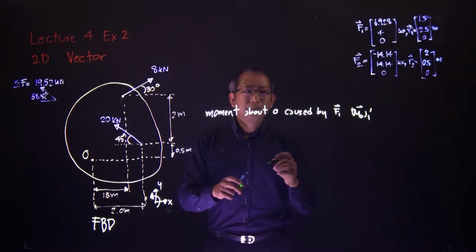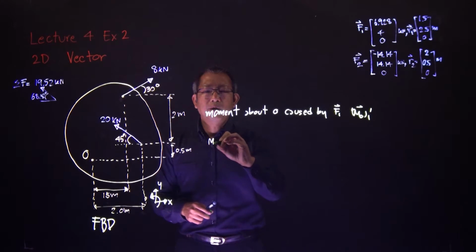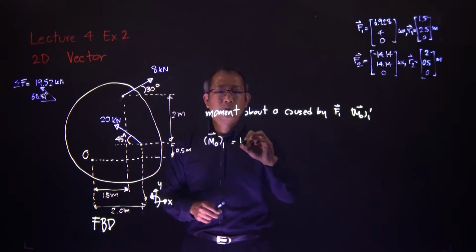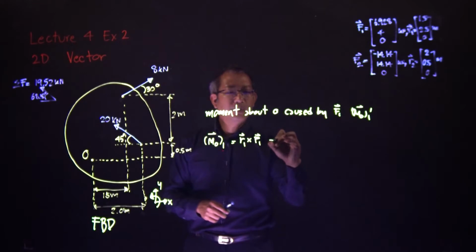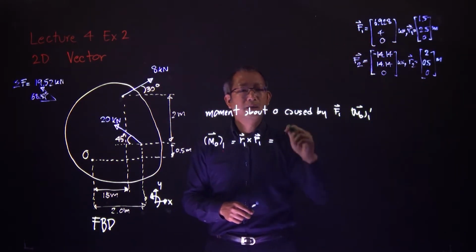Okay, then the way we calculate, we use the cross operation. So M subscript O by force 1 as a vector is equal to R1 cross F1. Of course, we have identified R1 here and we have identified F1 here.